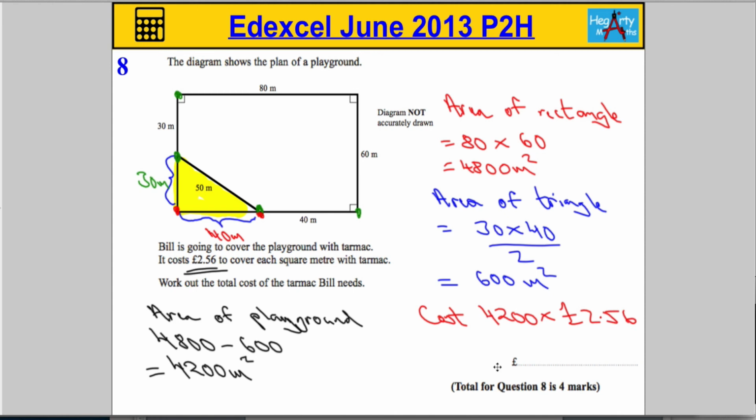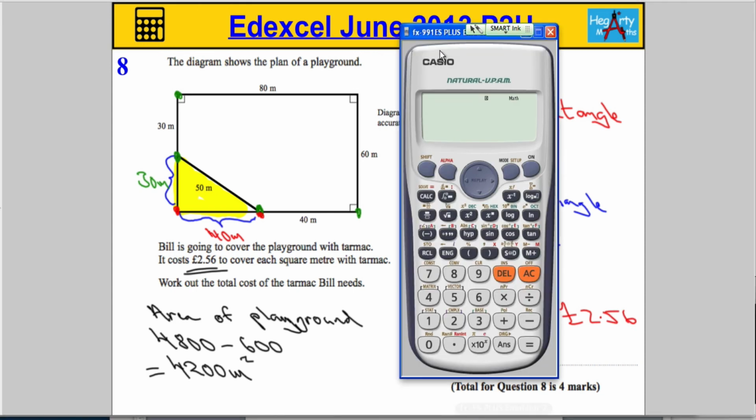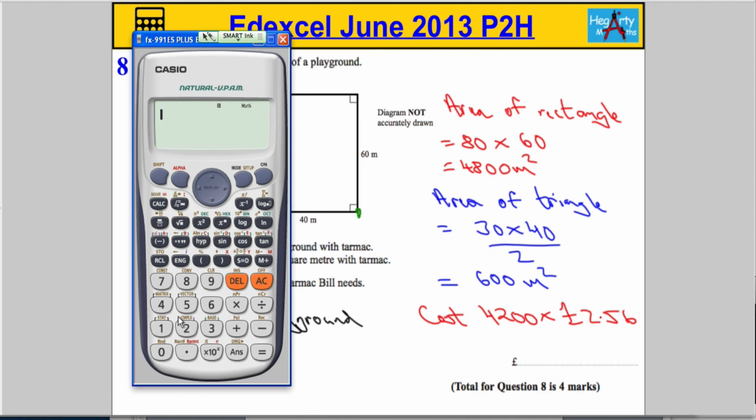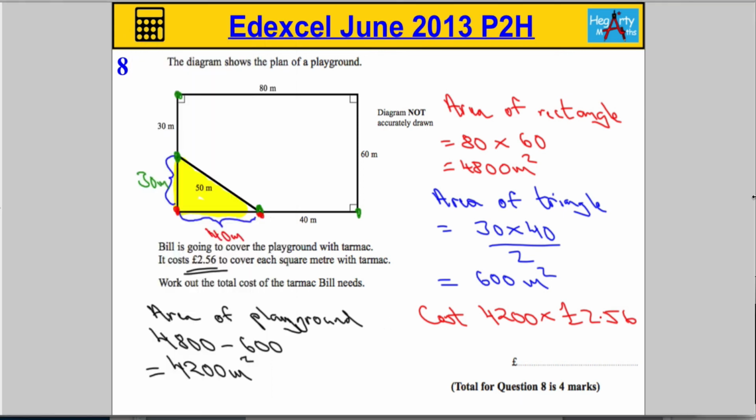Now, it is a calculator paper, so let's take advantage of that. 4,200 times £2.56 equals, and we get 10,752. So it's going to be an expensive old job, and that's how much it will cost to tarmac the playground.